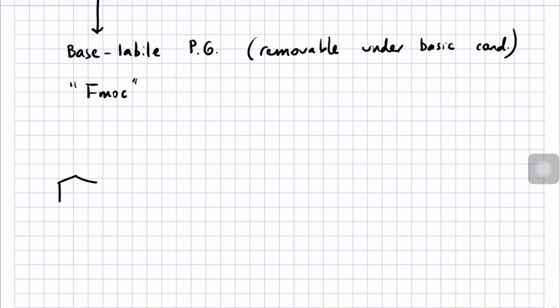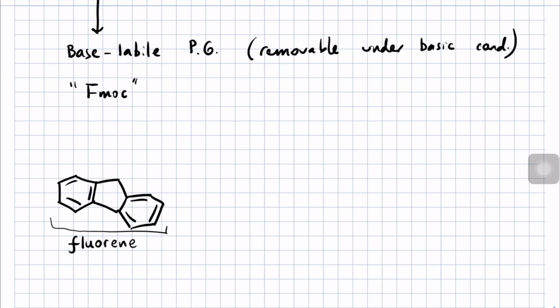F actually stands for an interesting and somewhat strange looking hydrocarbon. You have 2 benzene rings fused to the same 5-membered ring. And interestingly enough, that hydrocarbon is called fluorene, not fluorine, the F from our periodic table.